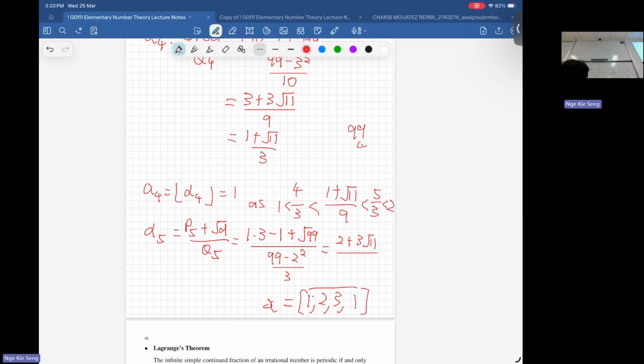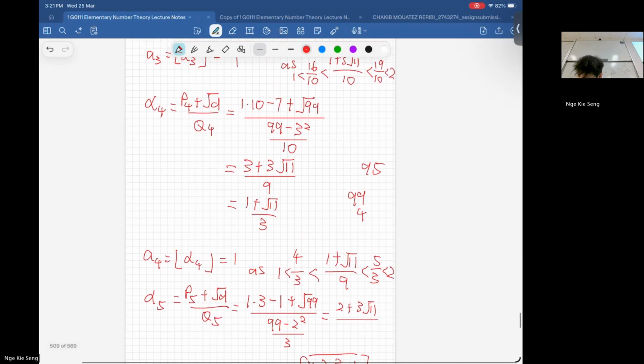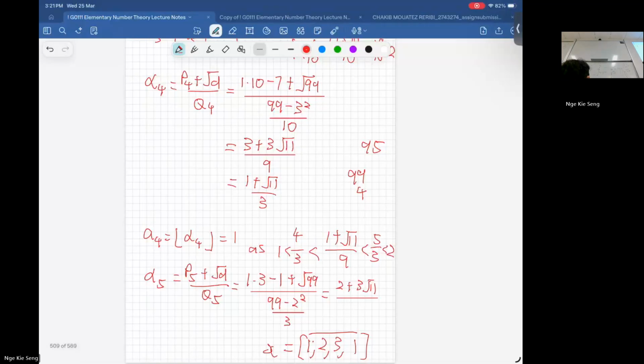So 99 minus 4 is 95. There's something wrong again. Not divisible again. Something is wrong again.